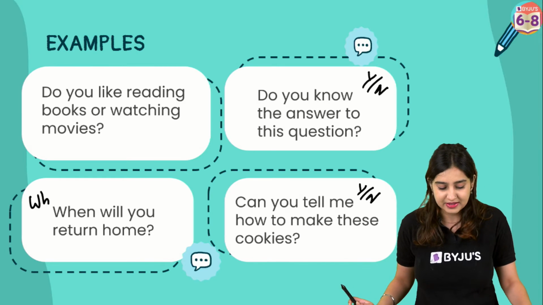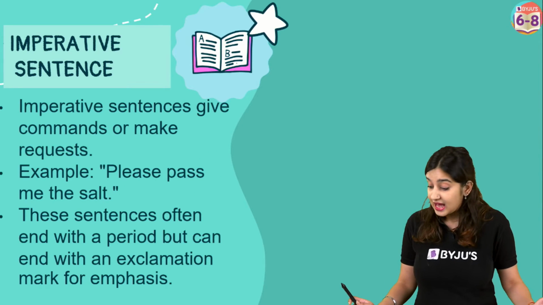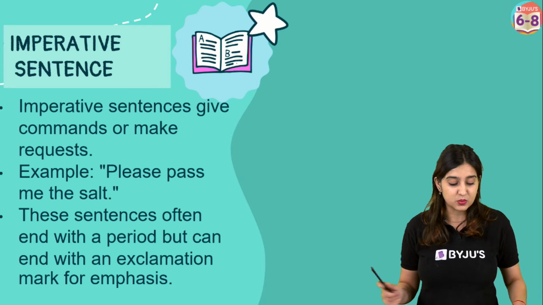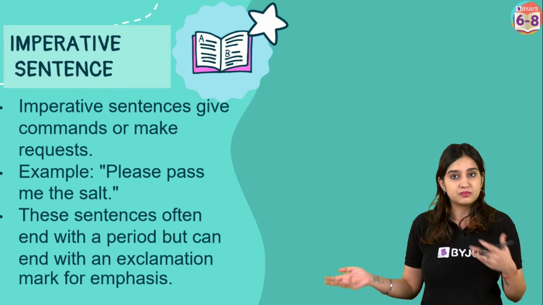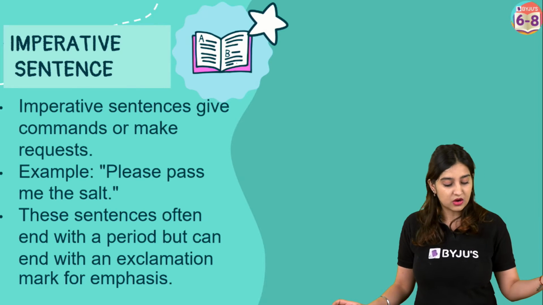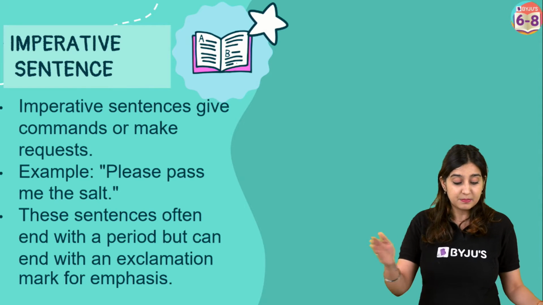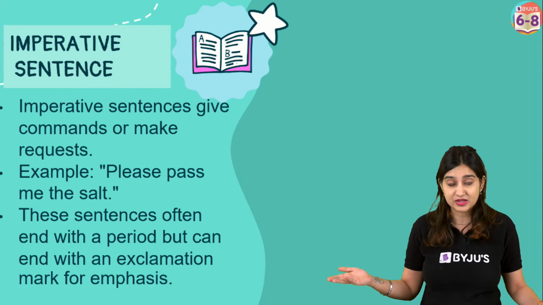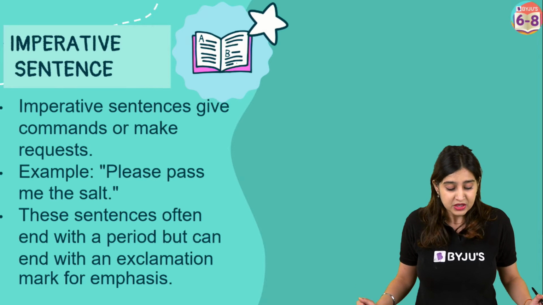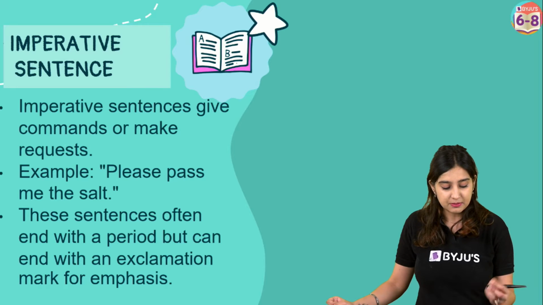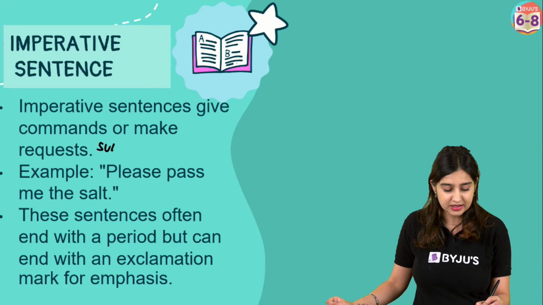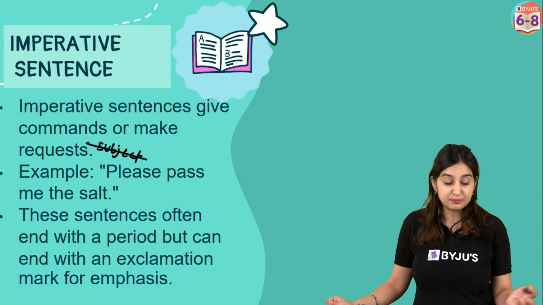All right, perfect. Next, we have imperative sentences. What did I tell you? Imperative sentences help you give commands, orders, or make requests. Please pass me the salt. This is a request. You're asking somebody to pass you the salt. Now, there are two things to observe over here. Let's take a look at this example only. Number one, there is no subject.